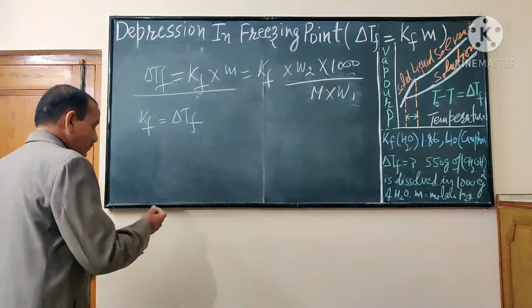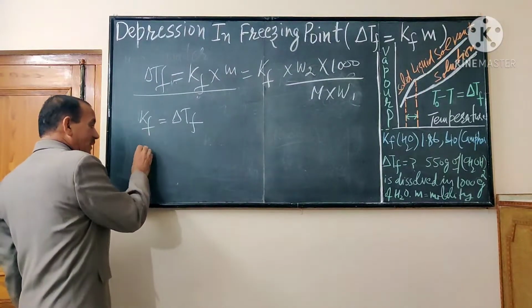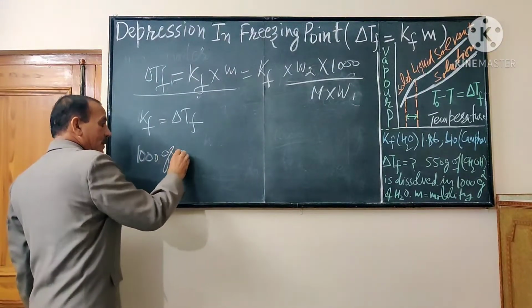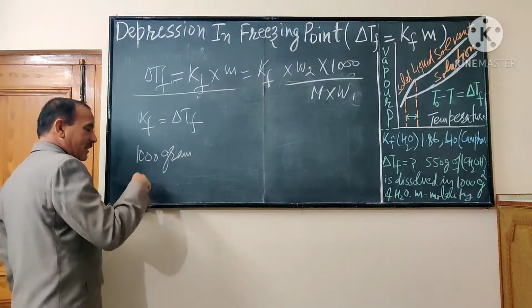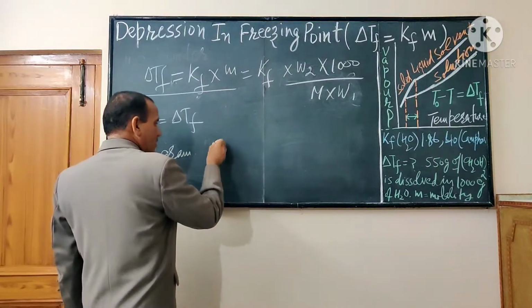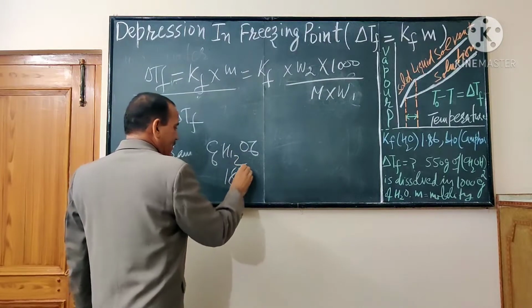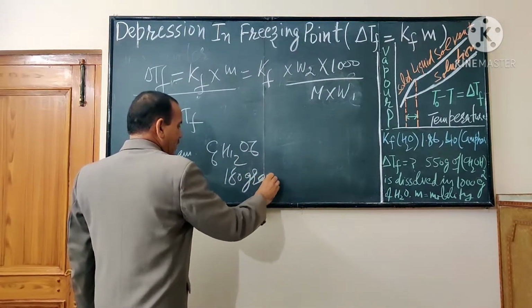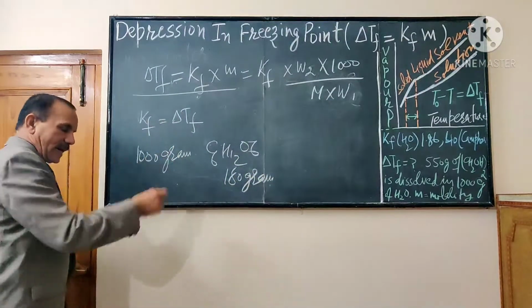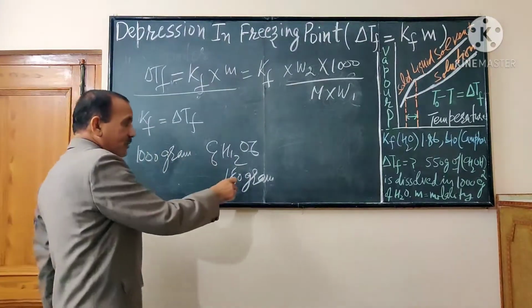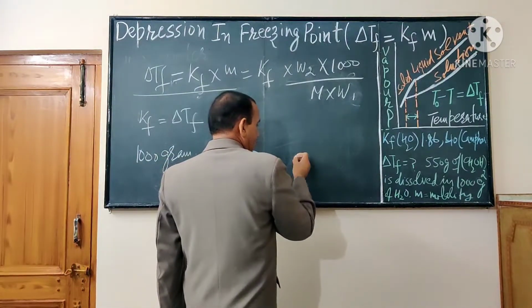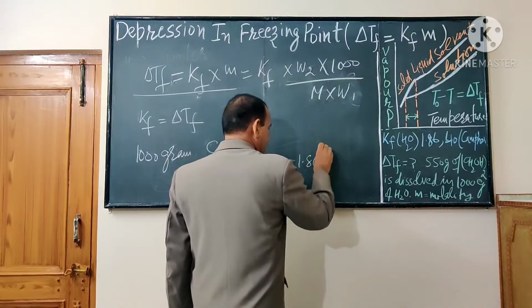For example, if we take 1000 gram water, and to this we add, let's say, glucose C6H12O6, which is 180 gram, right? The freezing point of this solution will be minus 1.86 degrees Celsius.